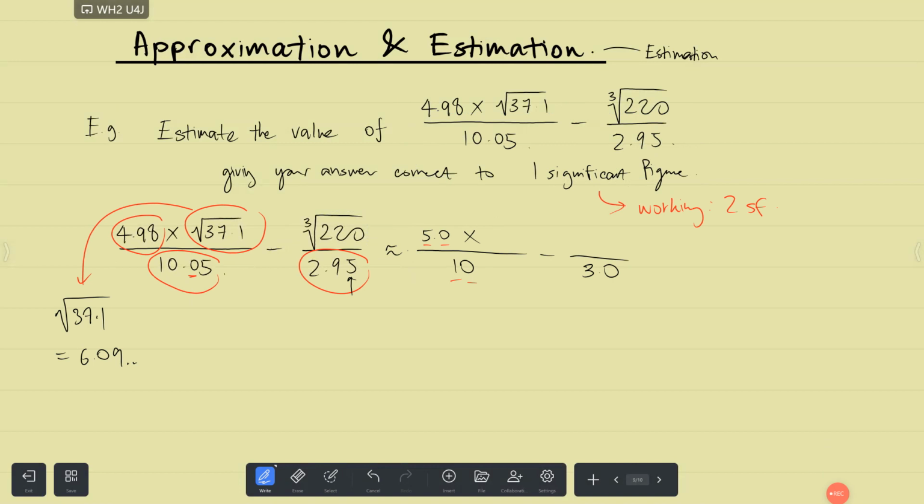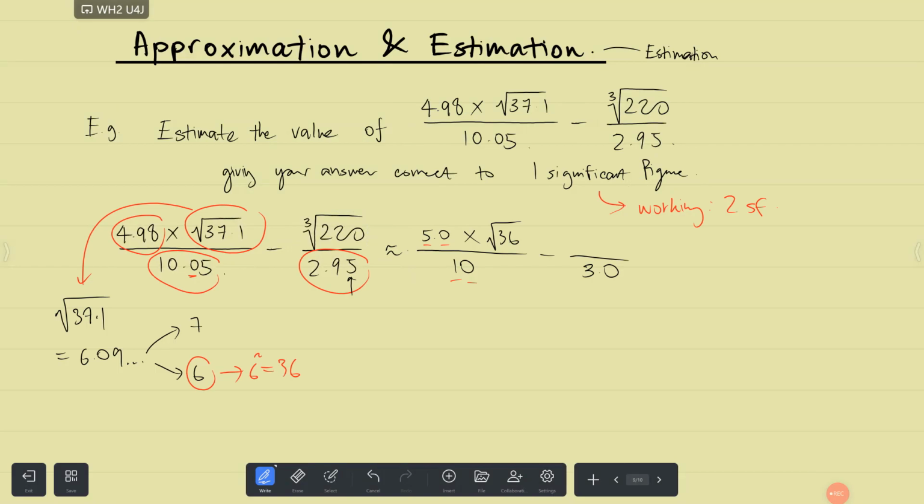And of course, you have a choice of writing it as the number 7 or 6. In this case, 6 is the lower number, so you reverse the process. 6 squared will give you 36. And here, we approximate square root 37.1 as square root 36.